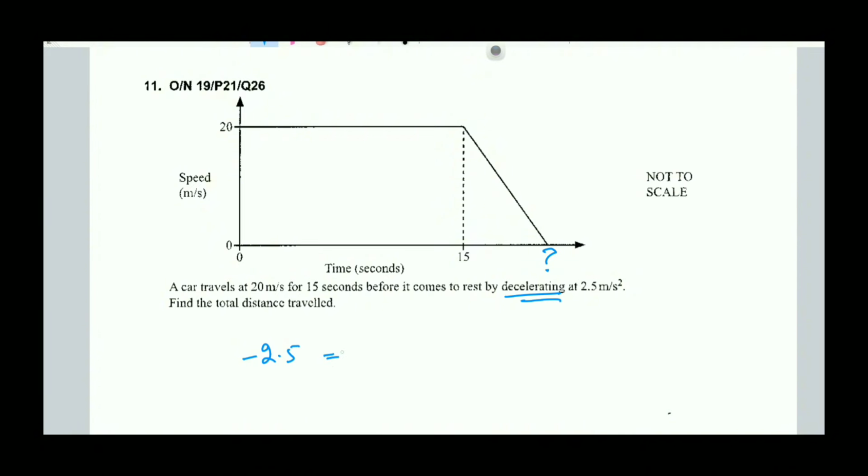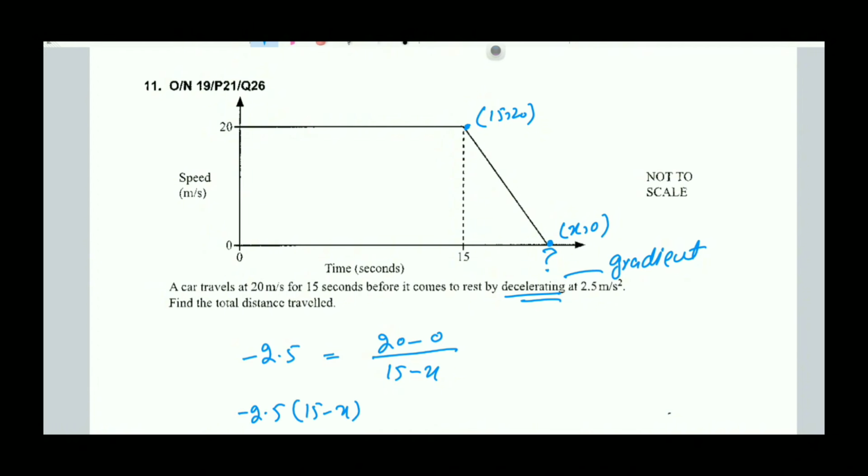Because this means gradient, as I told you, acceleration means gradient here. So the coordinates of this point 15, 20, coordinates of this point we don't know x, we know y. So 20 minus 0 over 15 minus x, minus 2.5 into 15 minus x is equal to 20. 15 minus x is equal to 20 over minus 2.5.